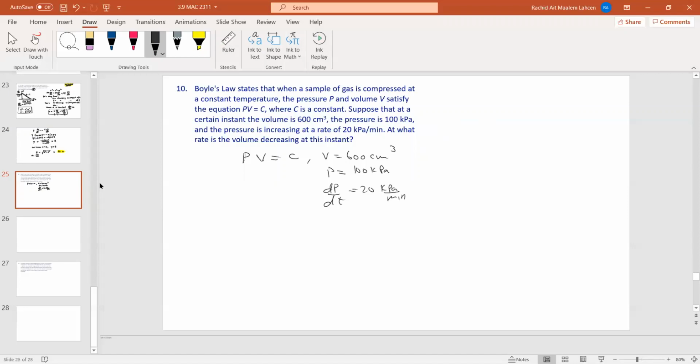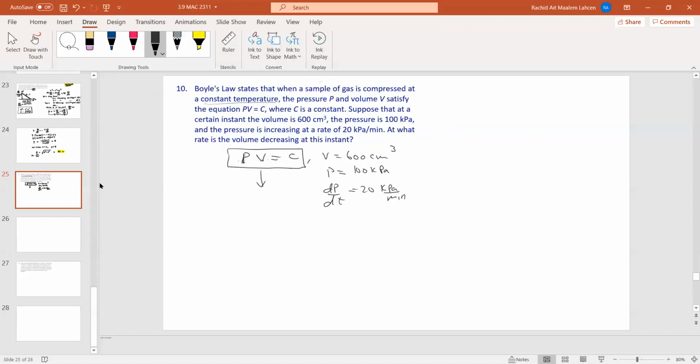All right, so this is what we want to differentiate. Keep in mind here, let's go back to this, it's compressed at a constant temperature, not constant pressure, constant temperature. So both the pressure and the volume here are changing, right?